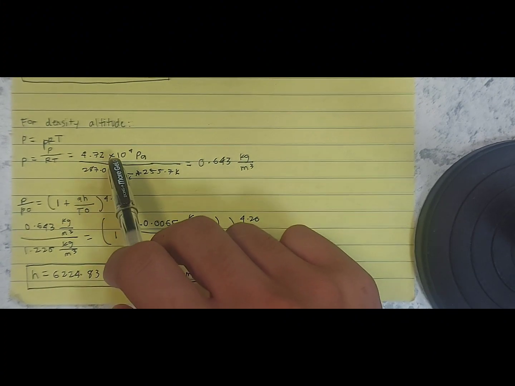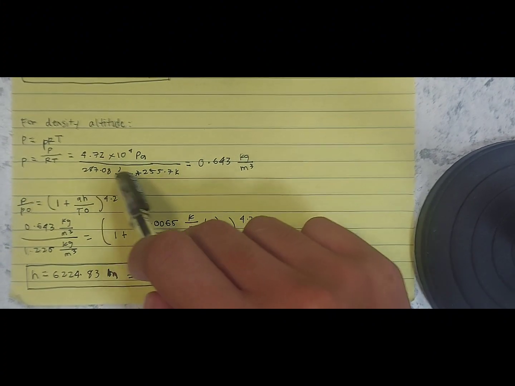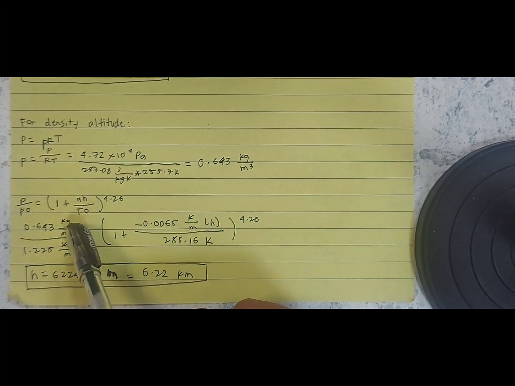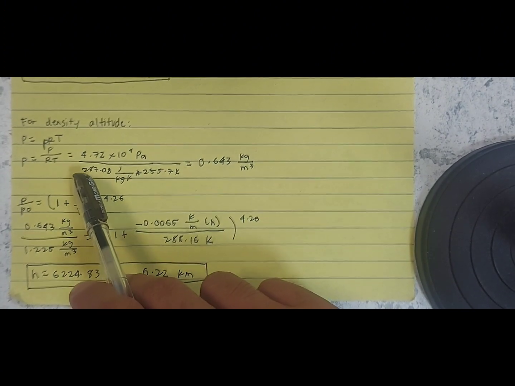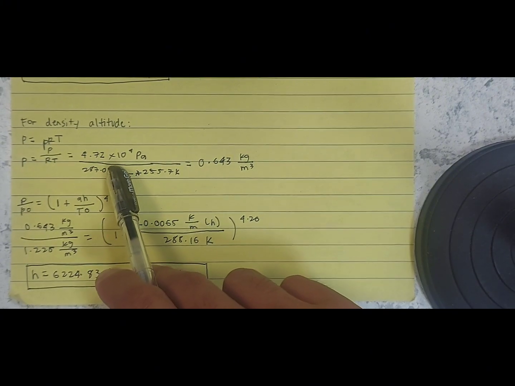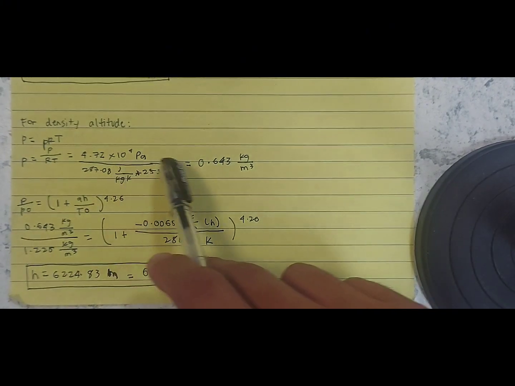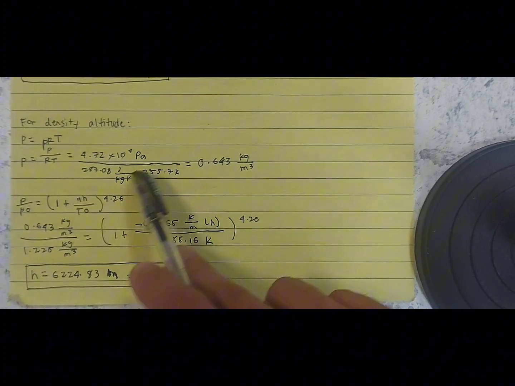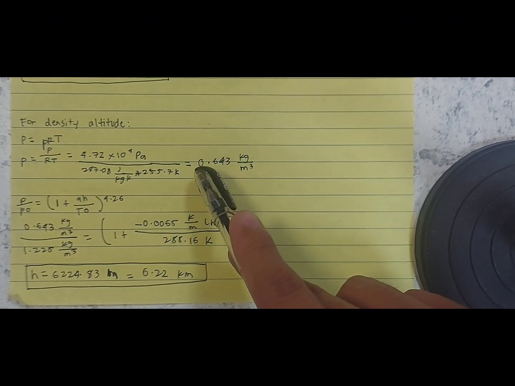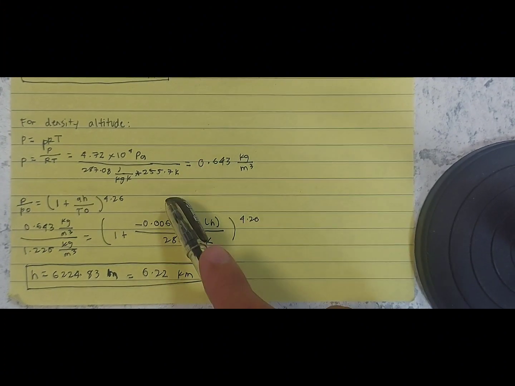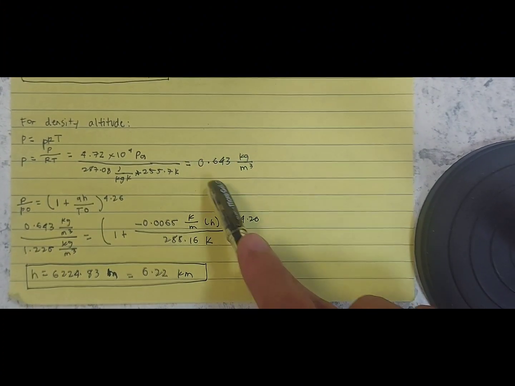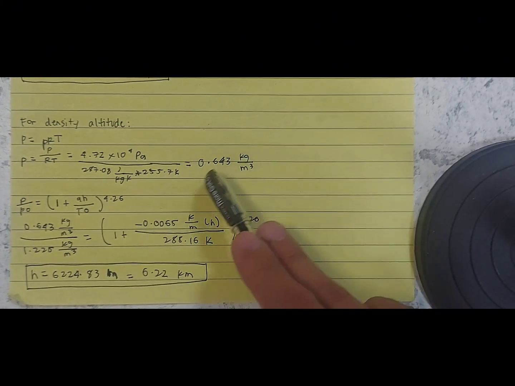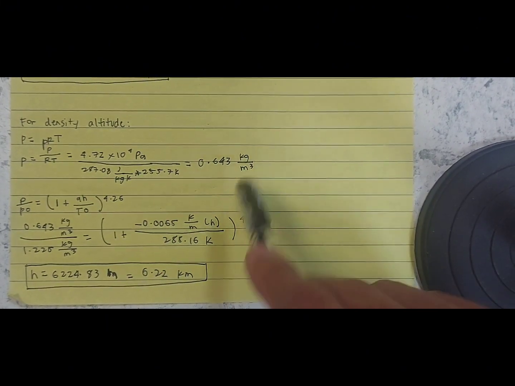Then, ilalagay mo lang lahat ng values, lahat ng given, which is 4.72 times 10 raised to 4 Pascal over 287.08 J over kg K times 255.7 Kelvin. Then, pag sinolve mo to, ang lalabas is 0.643 kilogram per cubic meter.